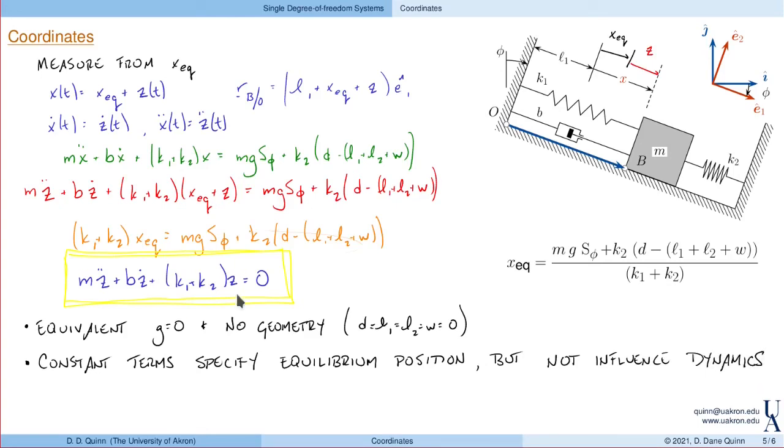So all the time-dependent behavior is encapsulated in this equation in and of itself.